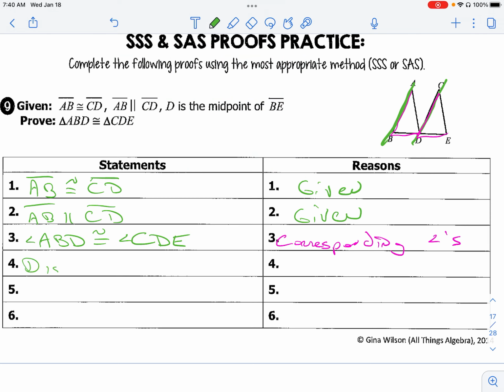D is the midpoint of BE. So that was a given. So BD is congruent to ED, and that's the definition of the midpoint.